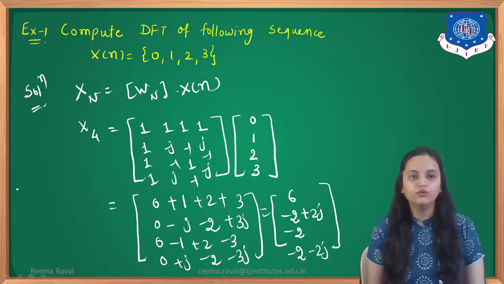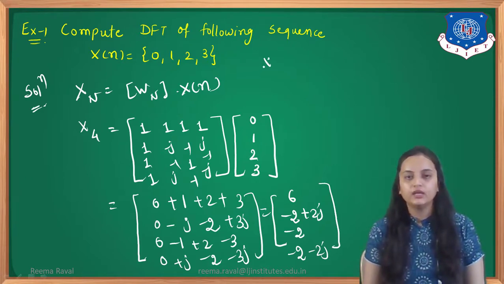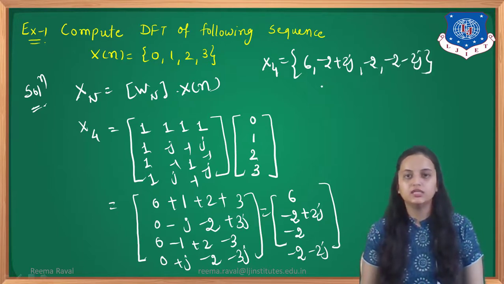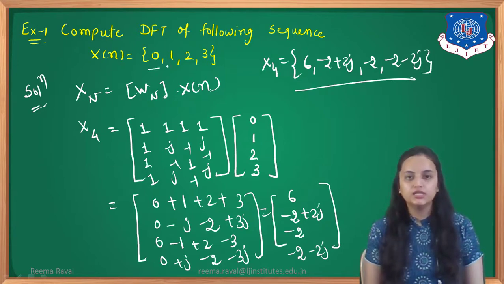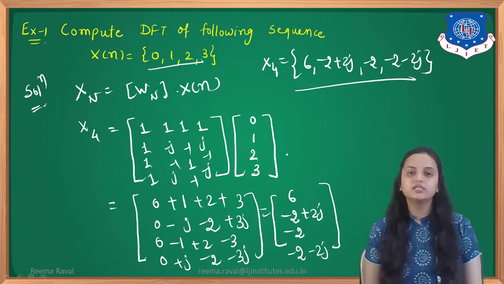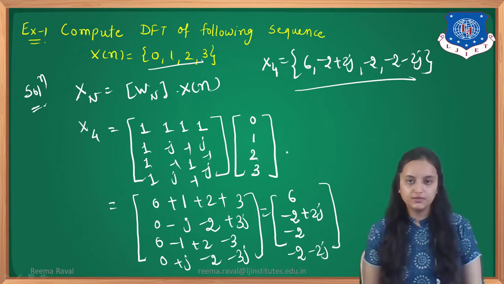That means you can write the DFT as X4 equals 6, minus 2 plus 2j, minus 2, minus 2 minus 2j. This is the answer of the DFT for the sequence given to us, which is 0, 1, 2, 3. Okay, this is how you can find a 4-point DFT using the linear transformation matrix.